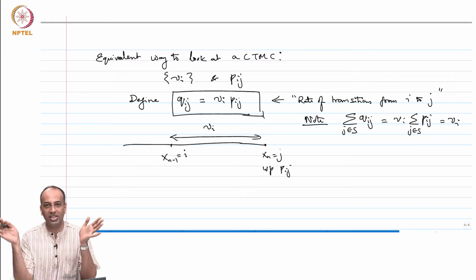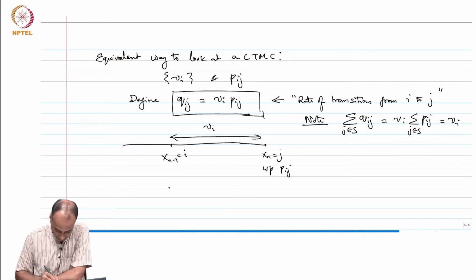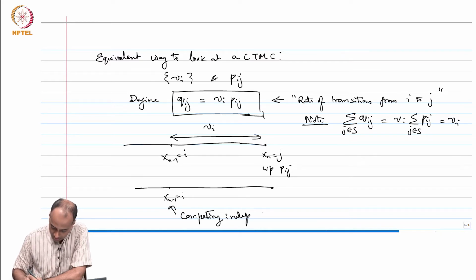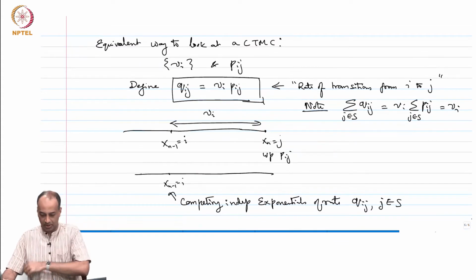So, you have all these Qij competing exponentials. Let me say I am in state i at xn minus 1. I can have competing independent exponentials of rate Qij, j belonging to the states.